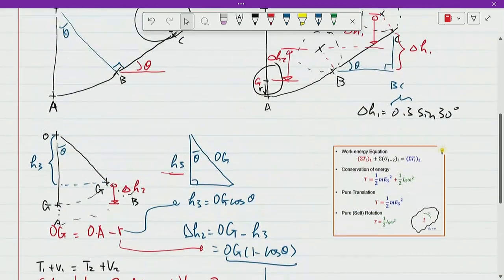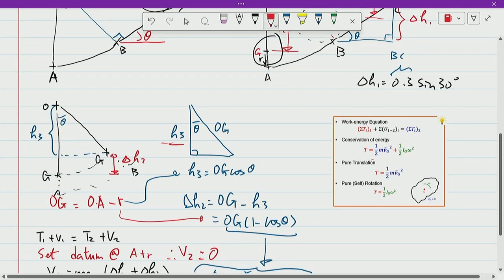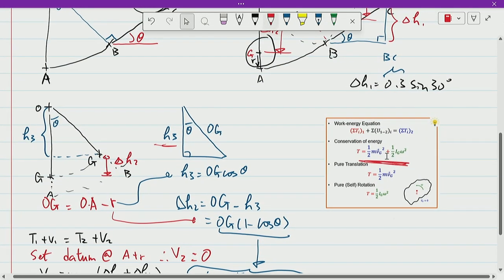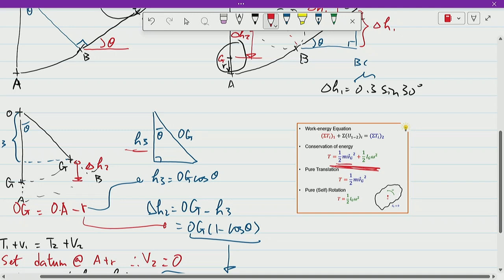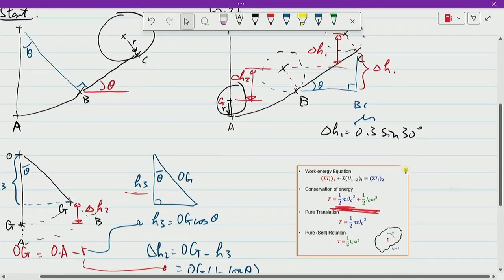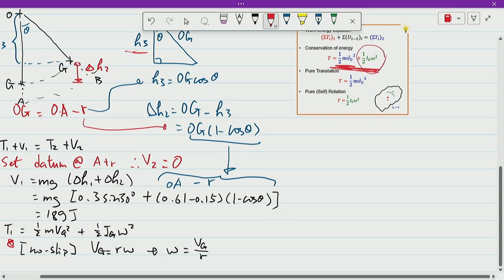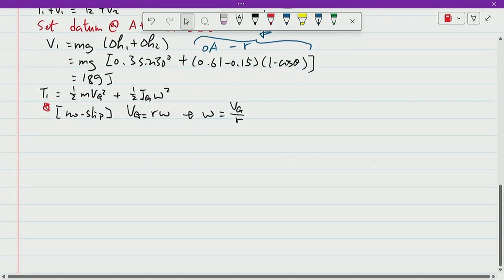Yeah, so I'm assuming you're wondering why it has both terms. In the past, we only had the blue bits because it's pure translation. But since it's rolling down, we need the omega, the green bit, to account for the actual rotation of the body.